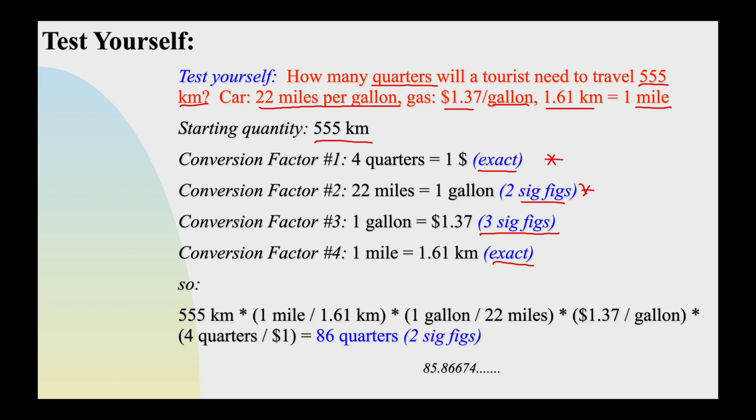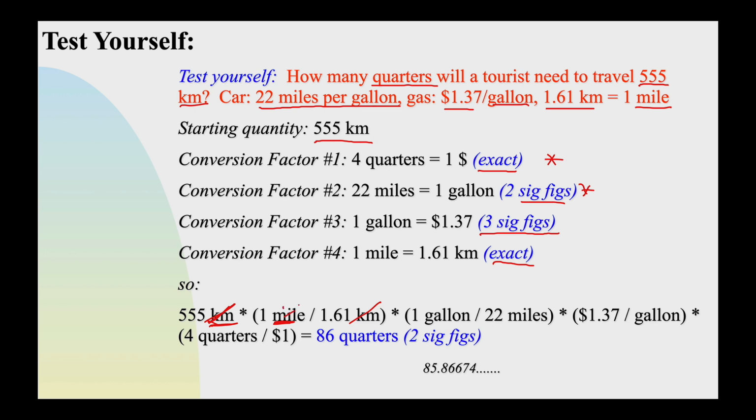Anyway, so here's how you do this. Start with kilometers, your starting unit. Kilometers divided by kilometers will cancel out. So 1 mile divided by 1.61 kilometers will get us to miles. Then a gallon is worth 22 miles. Notice how we flipped that from before, but that's okay. Conversion units can be flipped.